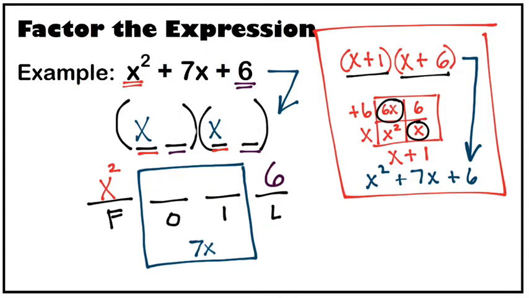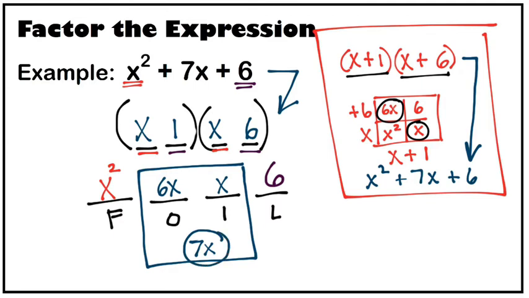And 2 times 3 is obviously not the only way to get 6. If we use the numbers 1 and 6, our lasts, 1 times 6, will still be 6. But when we multiply our outers and our inners, our outer will be 6x, and our inner will be 1x, and 6x plus 1x is 7x.